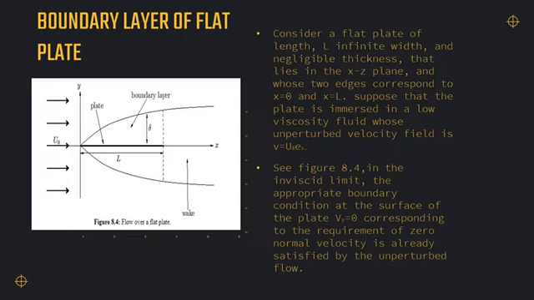As we can see in figure 8.4, in the inviscid limit, the appropriate boundary condition at the surface of the plate, Vy equal to 0, corresponding to the requirement of zero normal velocity, is already satisfied by the unperturbed flow.